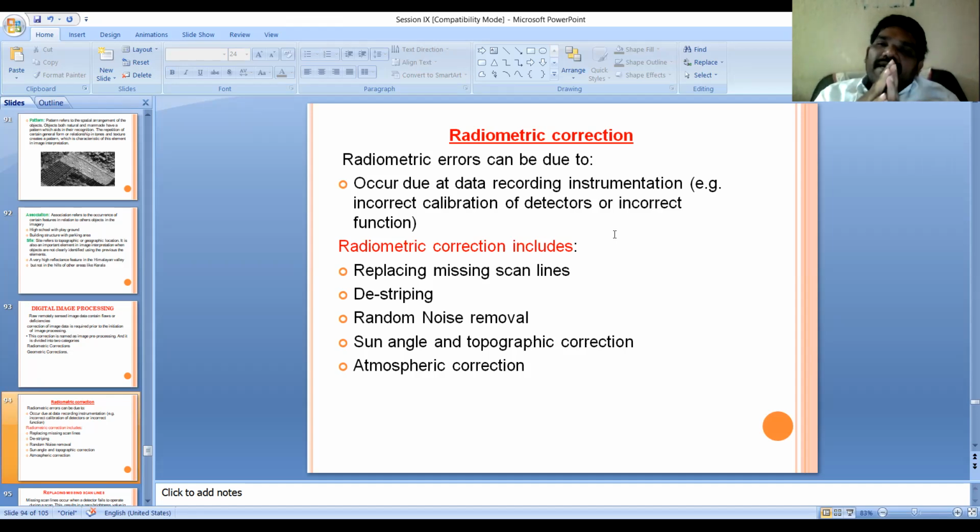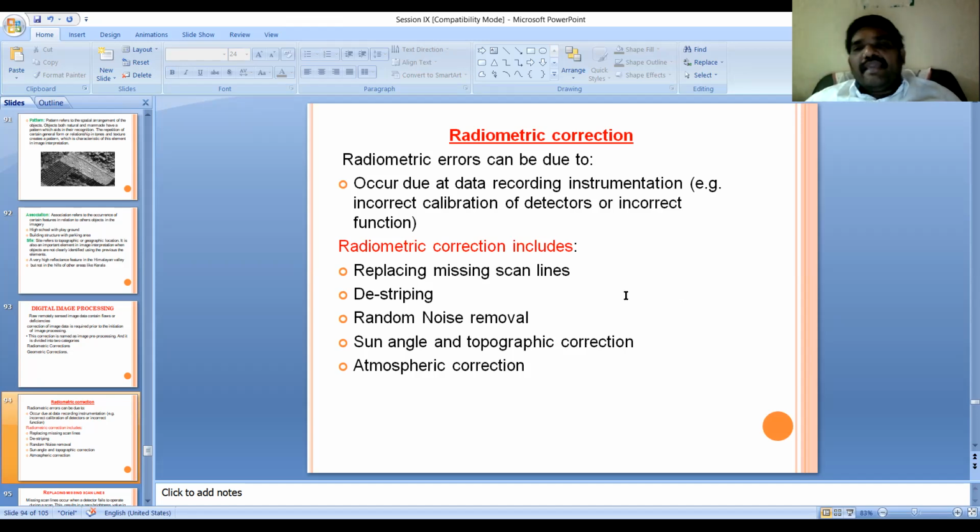And the correction of radiometric errors includes the following techniques. The first one is replacing missing scan lines, or removal of missing scan lines.